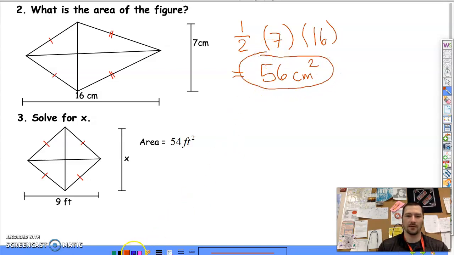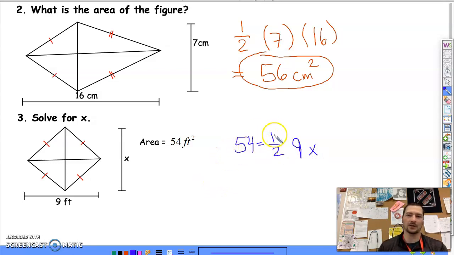Down here we have a rhombus. All four sides are the same. Here we have the area and we want to find x. Since it's a rhombus, the area equals 1/2 times the two diagonals. One diagonal is 9 and the other diagonal is x. A couple ways you could do it.